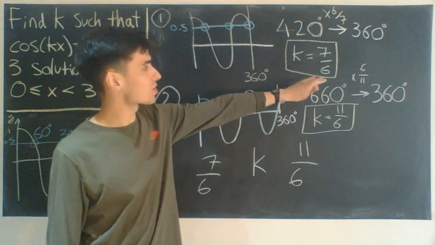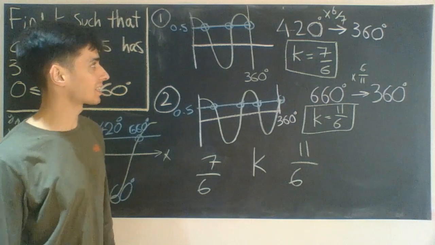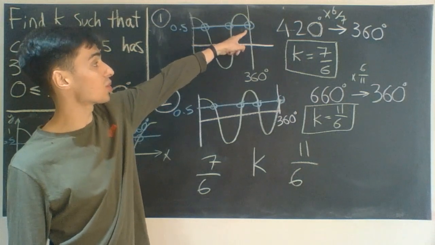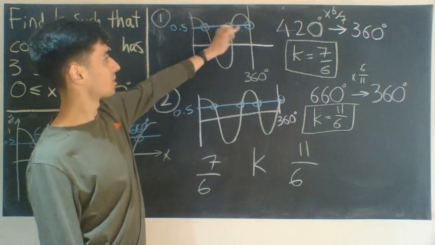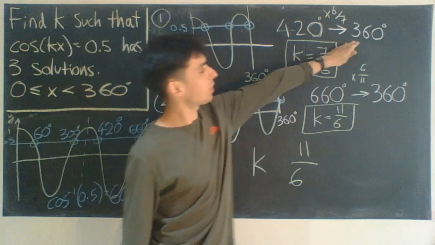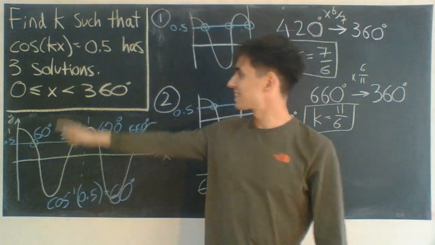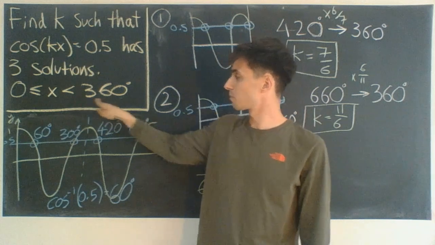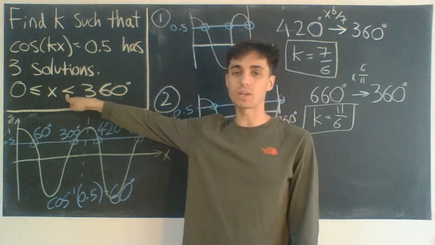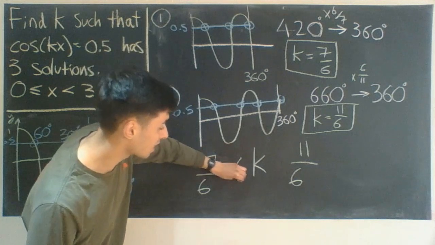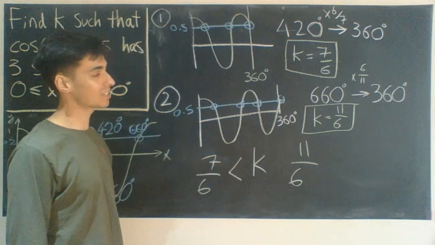Well, for this first one, k is 7/6. This would be where our third solution just about would be included. But 360 degrees is not included in our original range of angles. We can't quite be 360. So what we need is k must be strictly more than 7/6.